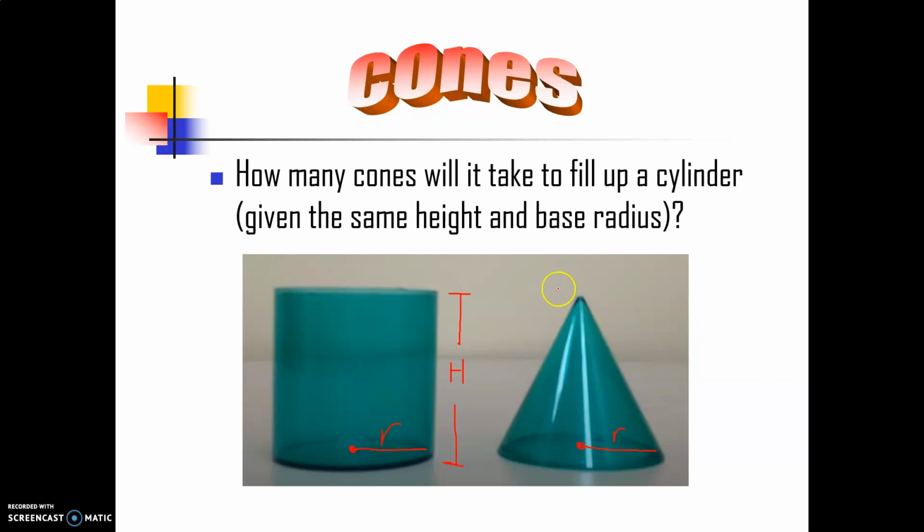Maybe you think the volume of 2 cones is equal to the volume of 1 cylinder. Or maybe you think it's 2.5 cones to 1 cylinder, or maybe 3 cones to 1 cylinder. Whatever it may be, just make a guess, and we're going to watch a short video that's going to show this relationship.